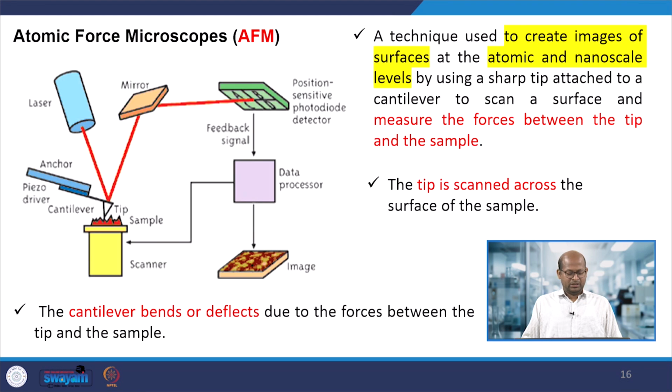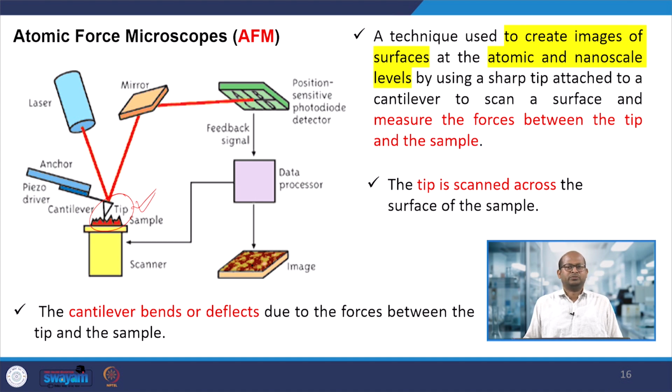Here you can see there is also a metal tip and the sample surface. In this technique we can develop an image of that particular surface at atomic or nanoscales, so the materials we have interest in we can characterize.